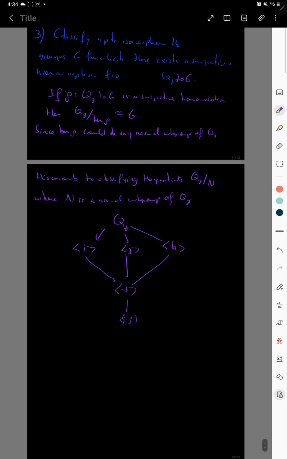Now, if N is <i>, <j> or <k>, all of these are normal. Every subgroup of Q8 is normal.